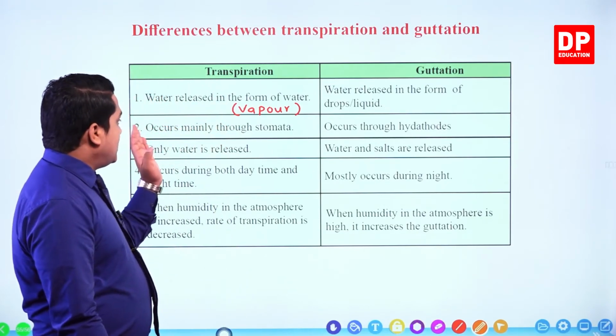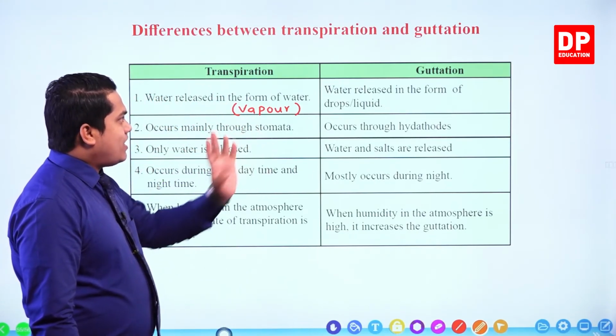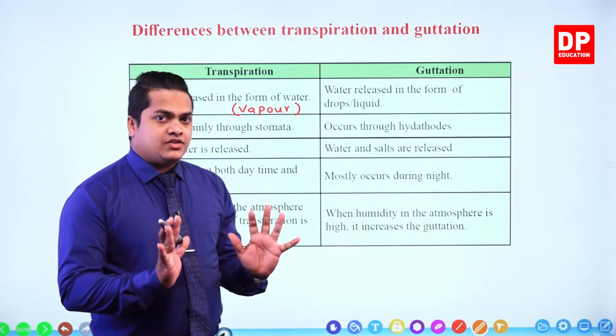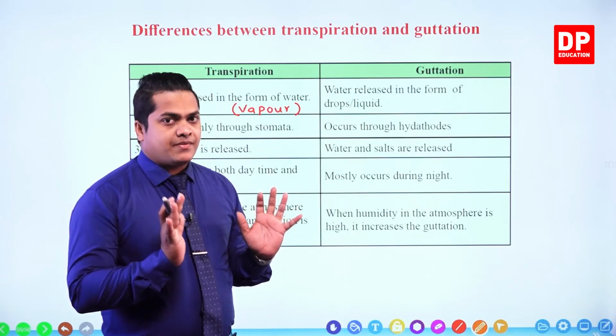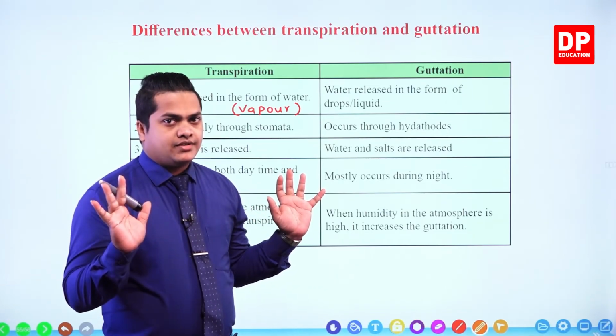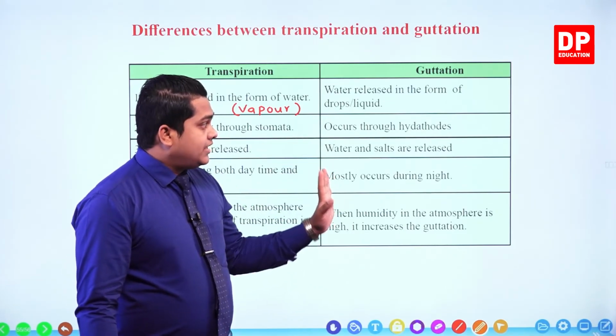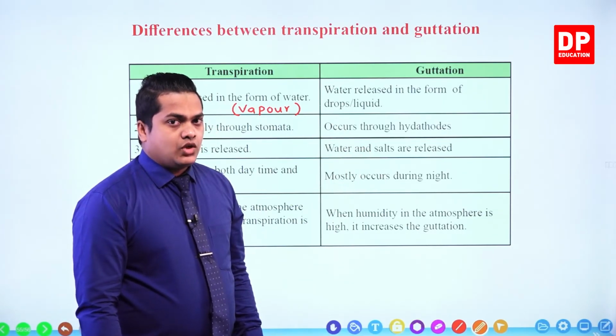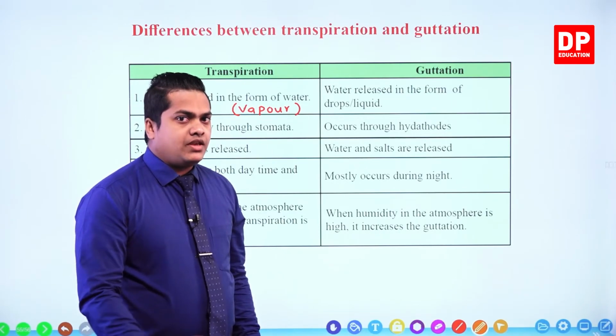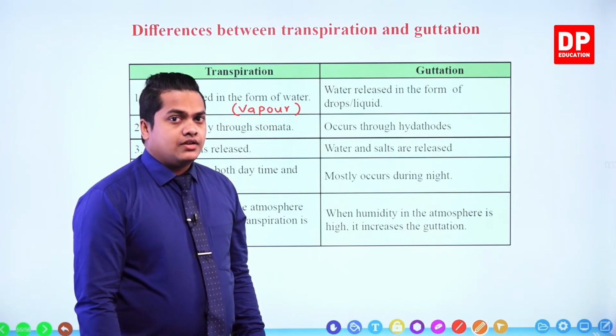Then, transpiration occurs mainly through stomata. We discussed that. But guttation occurs through the hydathodes of the plant leaf. Okay, not from the stomata, but from the hydathodes of the plant leaf.